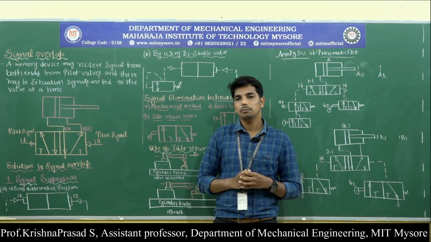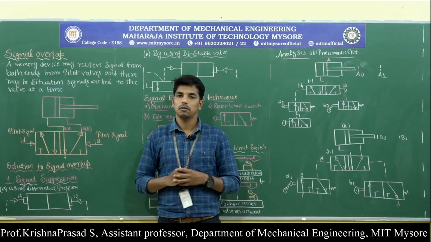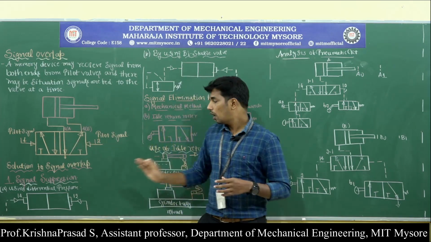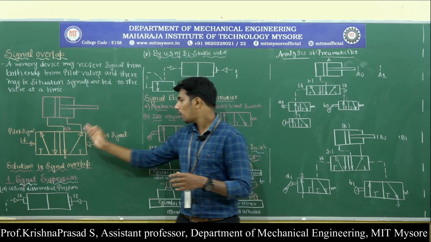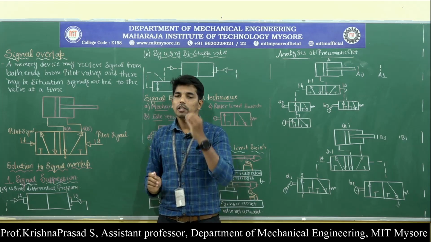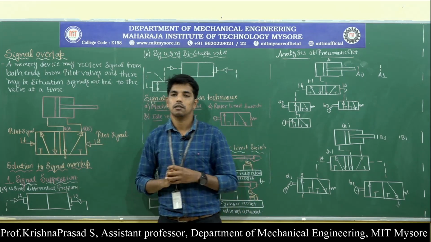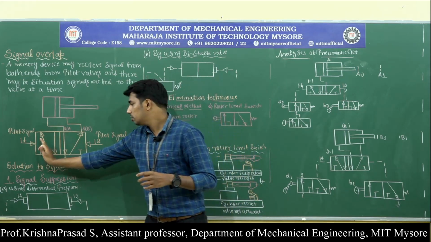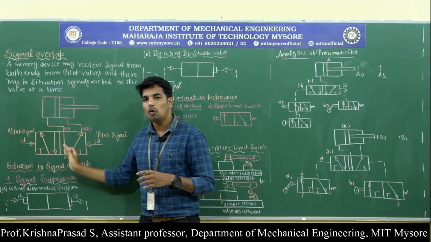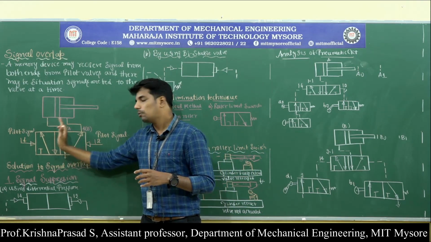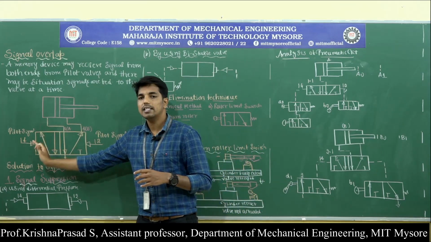Okay, very much important, first we need to illustrate the 5x2 memory valve condition. Observe here, in coordinate and sequential motion control, this 5x2 memory valve will switch the position only when a single pilot signal is present. That means this is the normally open position and this is the normally closed position. This 5x2 memory valve switches the position, normally open or normally closed, only when a single pilot signal is present.